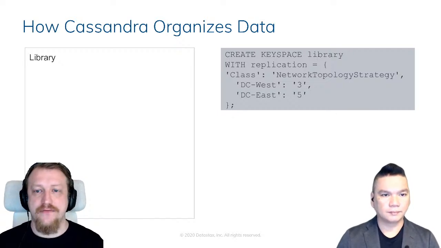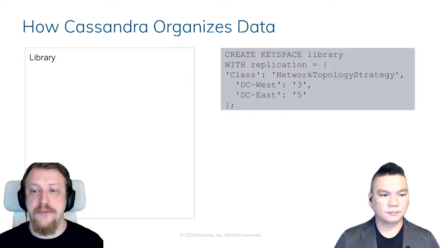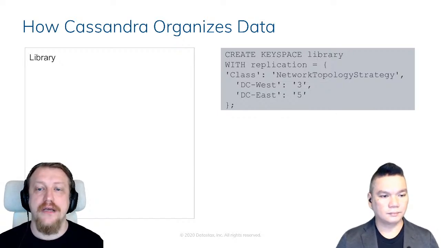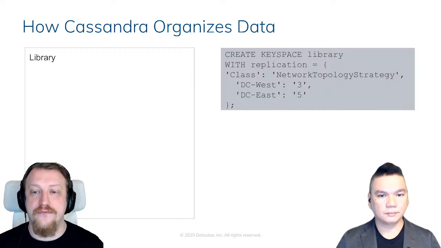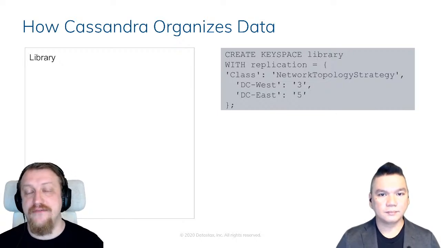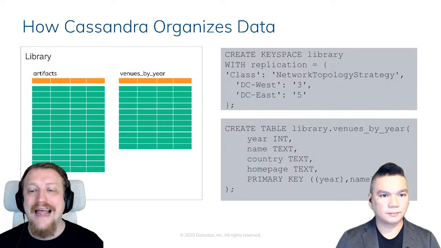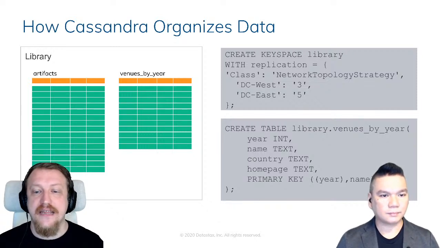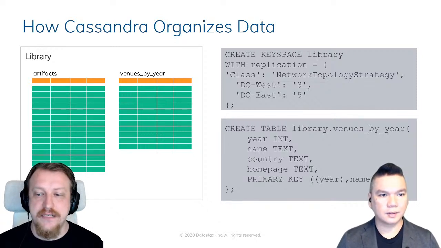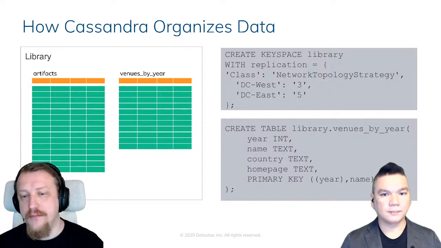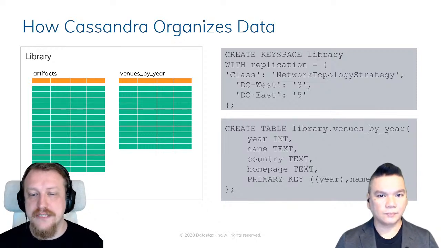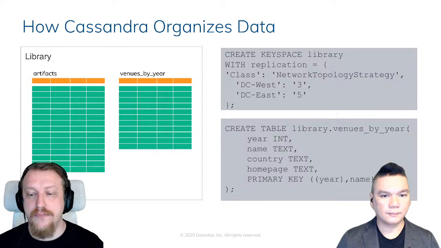In the example on the right, we create a keyspace named library with network topology replication, using replication factor 3 on DC West and 5 on DC East. And then we create tables with statements like that: create table, keyspace name, table name, and all the following properties: year, name, country, homepage, and primary key.